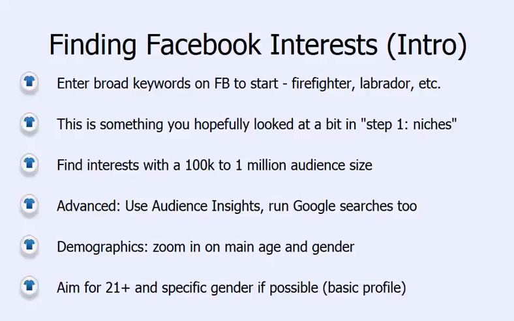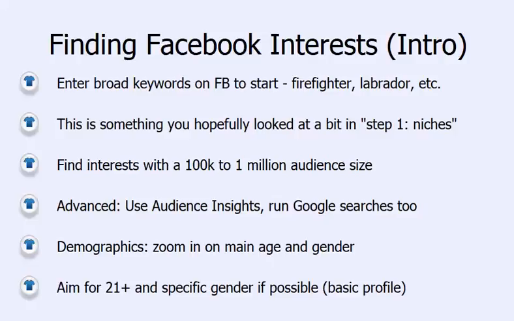Demographics. We've talked about interests, so we've really focused on the words that we should be targeting by. But one of the cool things with Facebook, of course, is you can target by demographics. And these can get super advanced. You can target married women aged 36 to 39 who live in Wisconsin and have a child aged 0 to 3, and you can have ludicrous layers and layers of data.